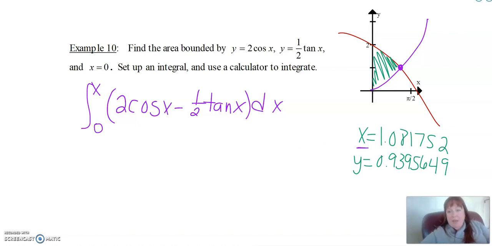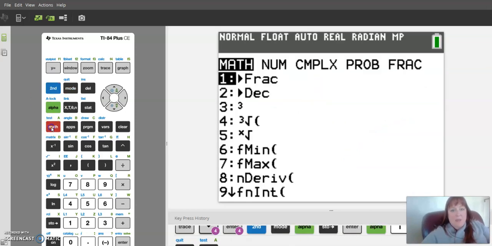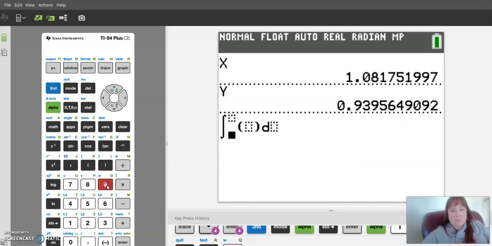Now we go back to our calculator and figure out what this integral is. We go to math and find fnInt, going from 0 to x, which is already stored, so we just use x right there.